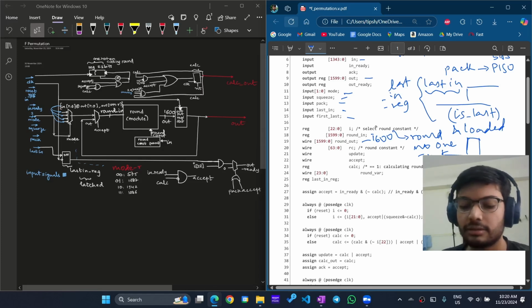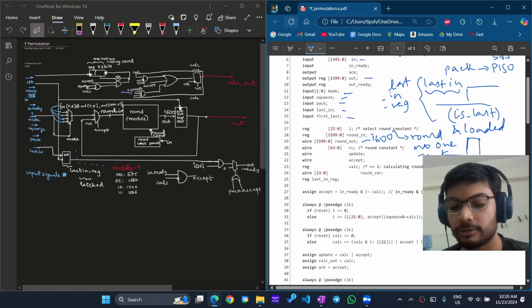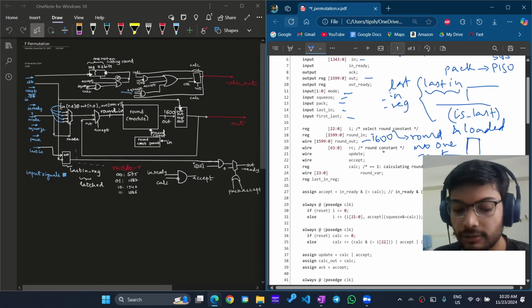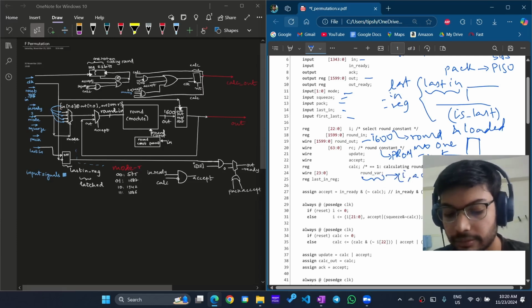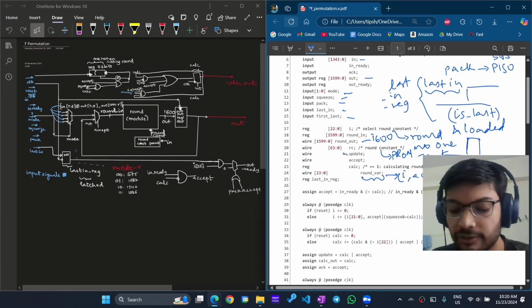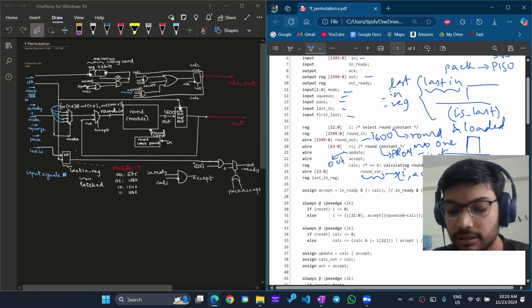Round in is sliced with the input based on the mode it should be coming from. And the round constant is given from the PROM based on the round variable, which is based on I again. Update says if to update the output register.